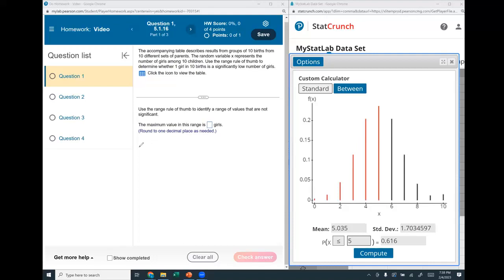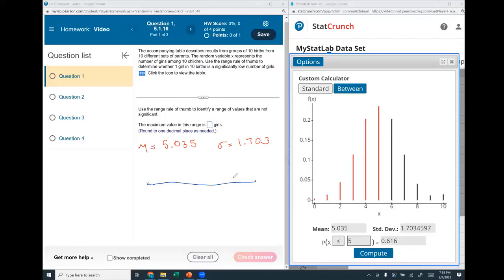So I can get the mean, which is 5.035. And I can get my standard deviation, which is 1.703. That's sufficient.